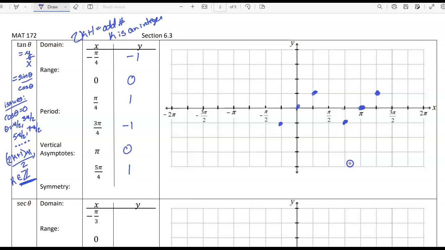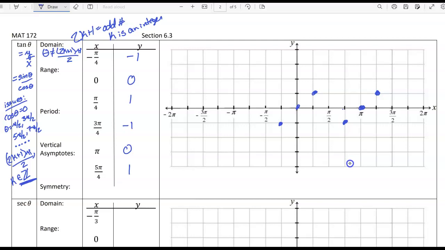And that's what the symbol means here. That funky E means element of, and that funny Z means integer. So when we talk about domain, the domain is everything except theta cannot be (2k plus 1) pi over 2.